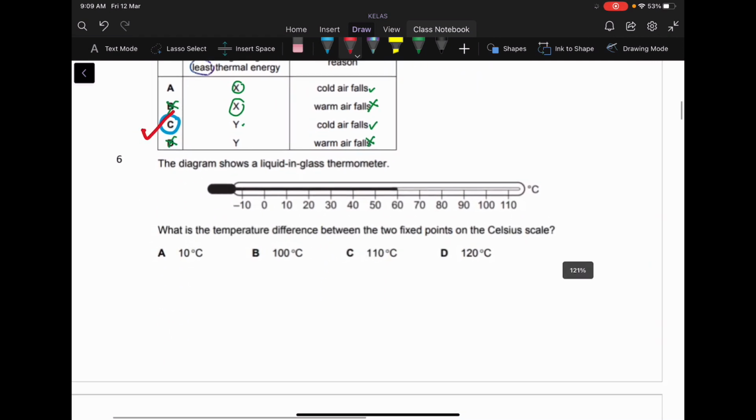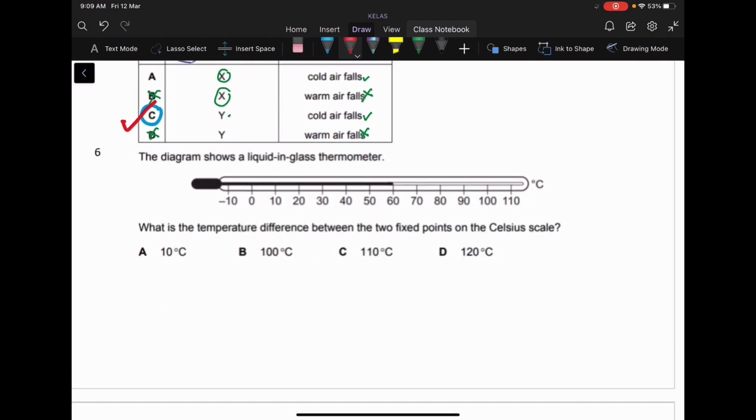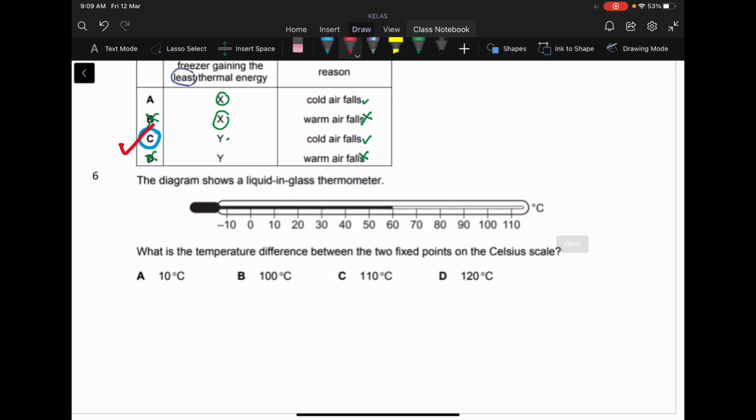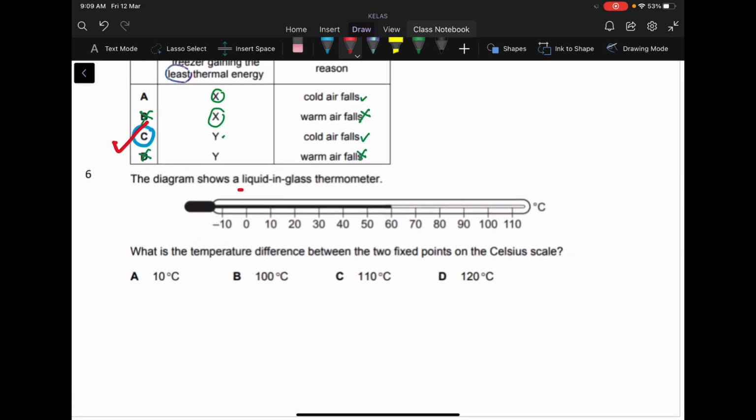Okay, number 6, again about thermometer. The diagram shows a liquid in glass thermometer. What is the temperature difference between the two fixed points on the Celsius scale? So this is not difficult. When you learn about liquid in glass thermometer, we have the lower fixed point and the upper fixed point.